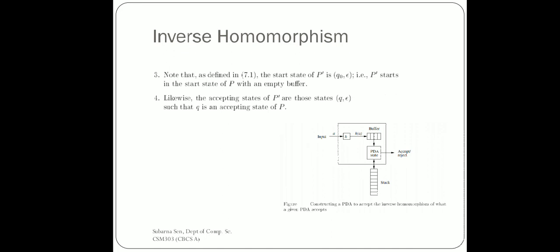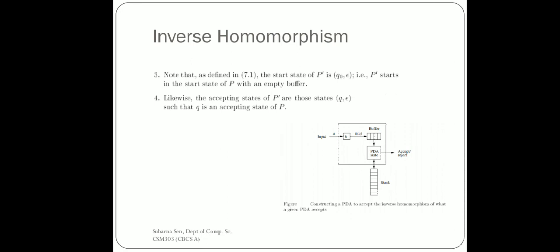Likewise the accepting states of P dash are those states (q, epsilon) such that q is an accepting state of P. Since the start states are the same and we have mapped all the other terminal symbols with our homomorphism function, if the states are (q, epsilon) and q is the accepting state of P, then in both P and P dash it will get accepted after processing all the strings.